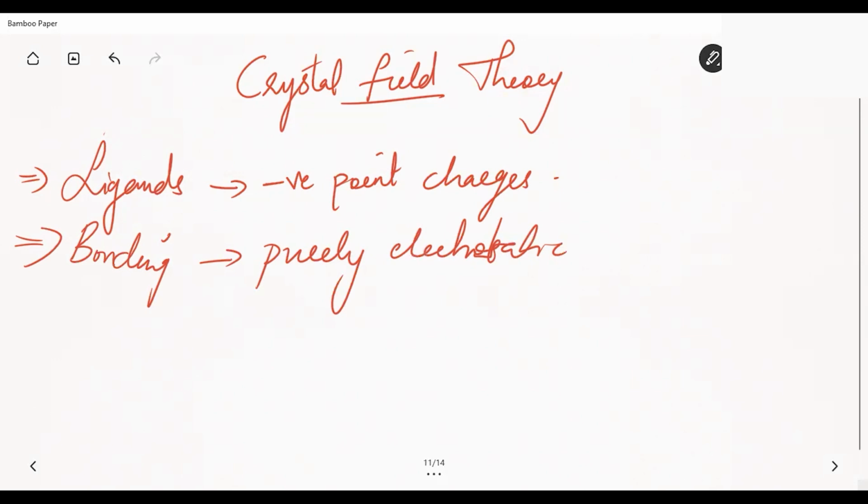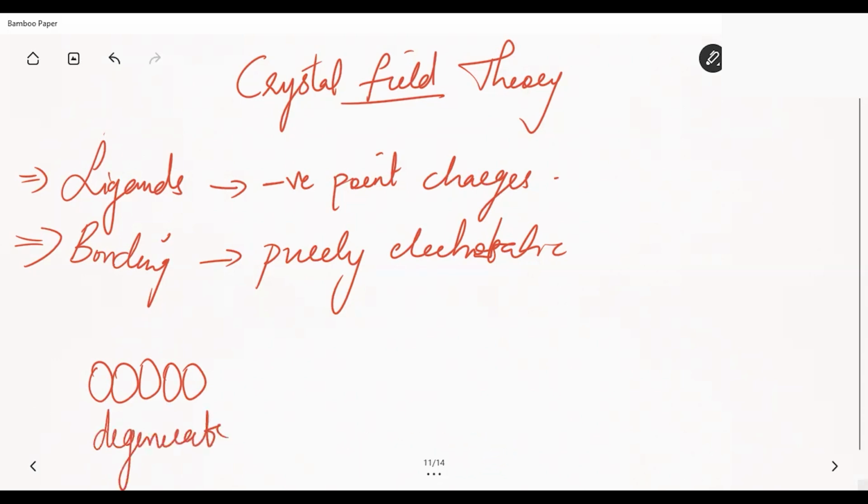So we can consider that too as purely electrostatic in nature. In the case of a free metal ion, without the approach of ligands, all the d orbitals of the metal have the same energy. That means they are degenerate.